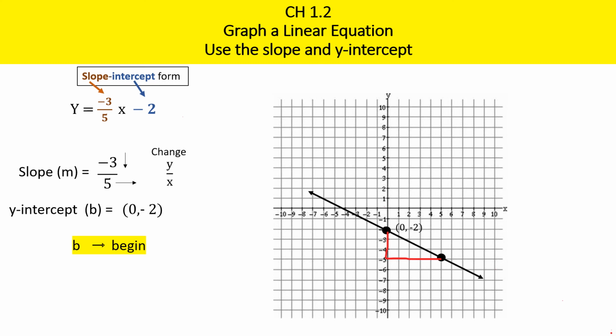And we'll connect the dots, and we've got a line. Notice arrows at the end of every line to show that it continues all the way to infinity. Don't forget that. And we're going to label this line y equals negative 3/5 x minus 2. So anything on that line is going to satisfy that equation.